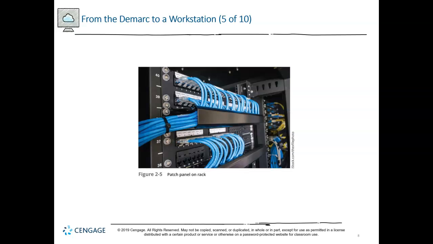So that's a patch panel. On the back side are the wirings coming in, and then these go from that to switches. What that allows us to do is very quickly change how something is connected. There's a lot of utility in that, and it makes it a very nice, easy to manage and monitor connection.